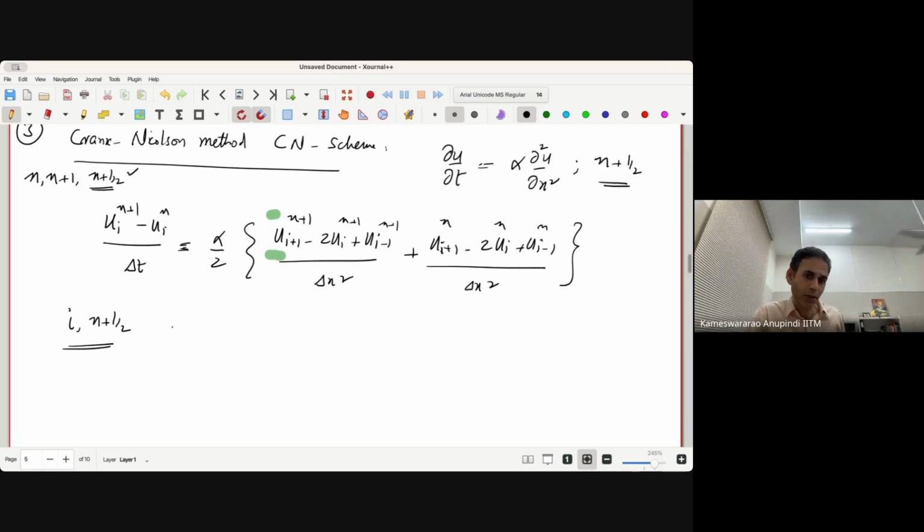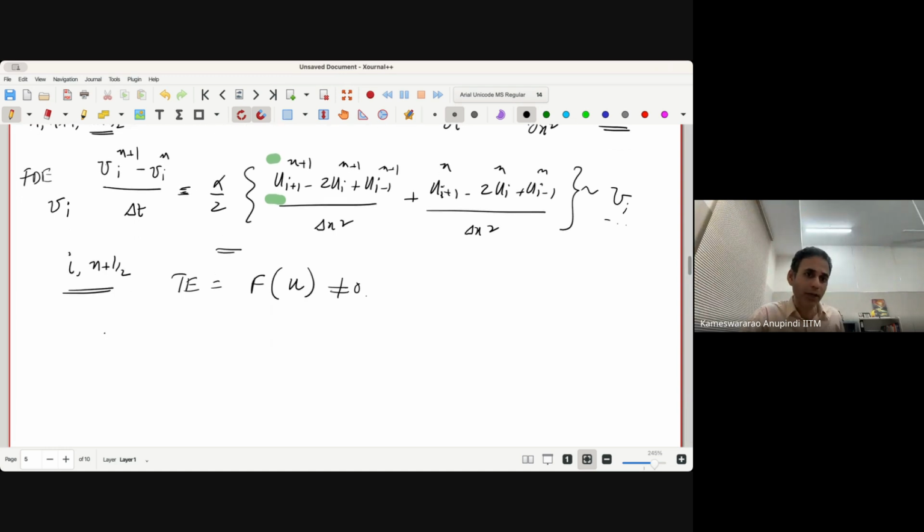I should have written this because this is the final difference equation, so this entire thing is written in terms of capital U, not small u. But we know that the truncation error by definition is the amount by which the exact solution doesn't satisfy the algebraic equation. So I'm going to rewrite this equation in terms of little u.